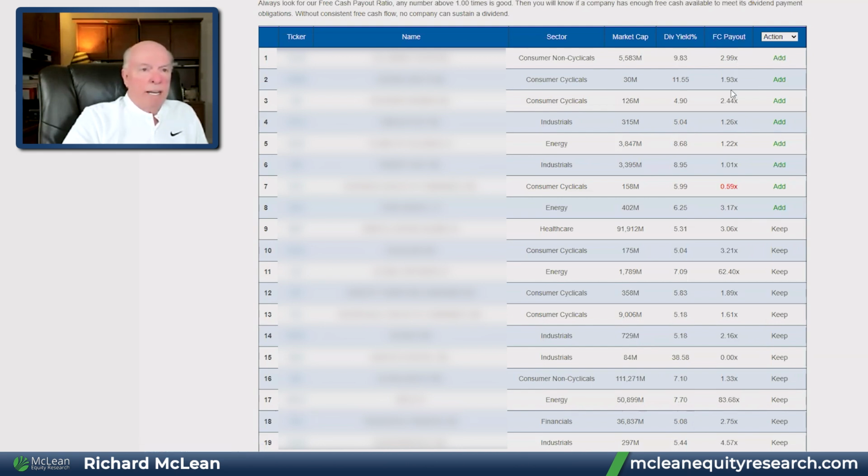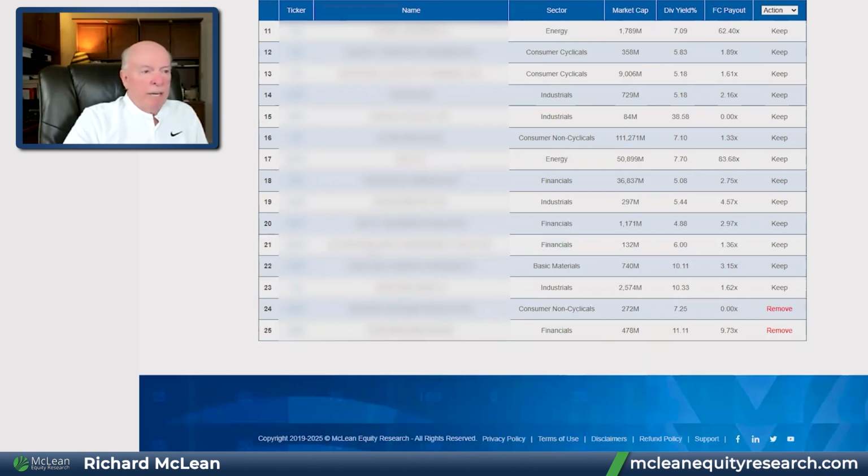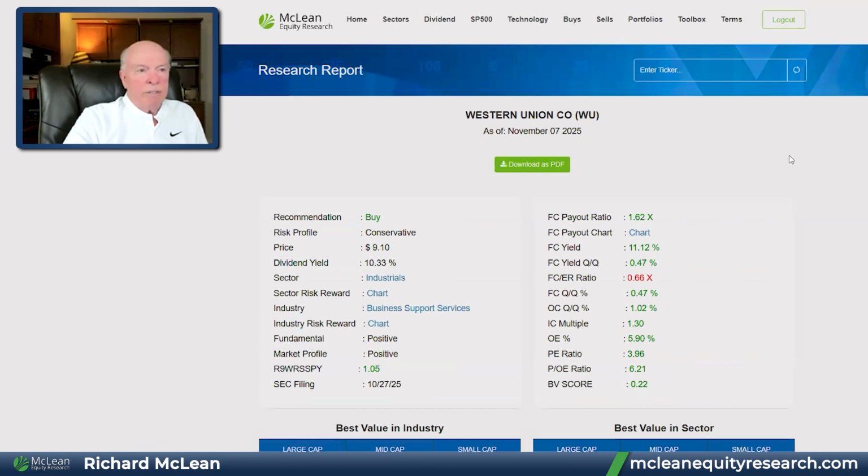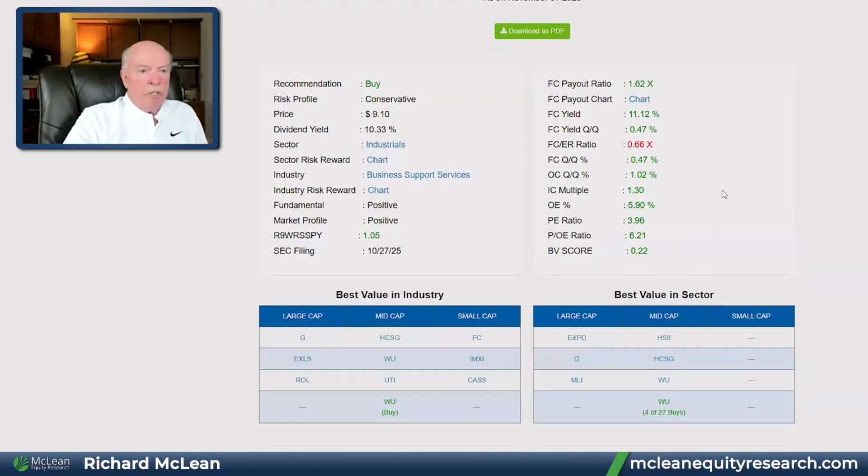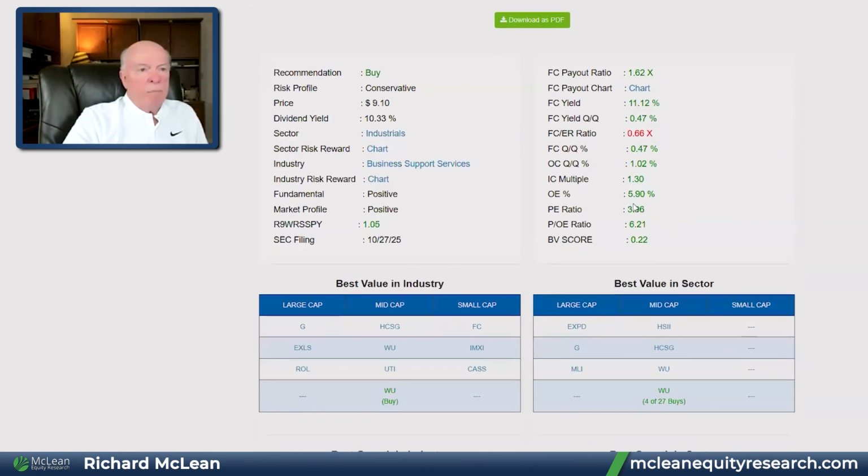And so all of these stocks have a growth component. Each one of these stocks may not have much, like here is Western Union. Now, they have a little bitty owner's earnings, but there is a positive growth aspect to this company.